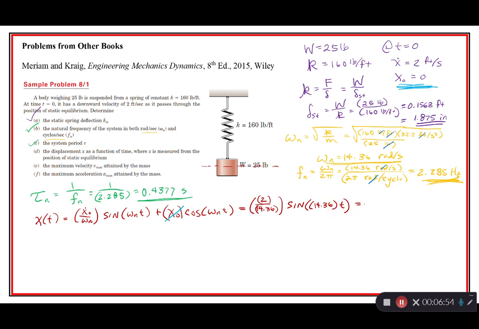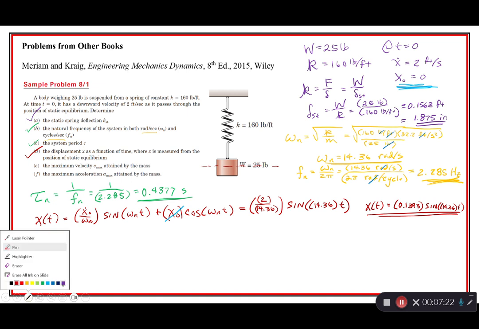Just for wrapping it up, maybe I'll rewrite the whole thing. We'll say that x of t is equal to 0.1393 times the sine of 14.36 t. Boom. And so that answers that question.